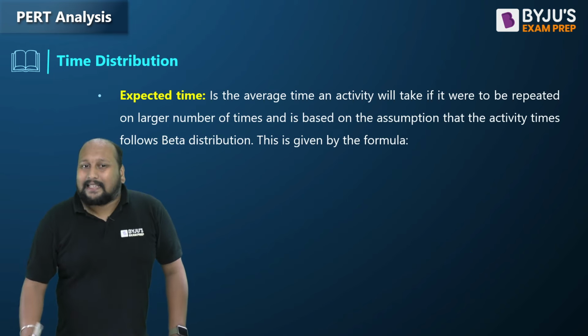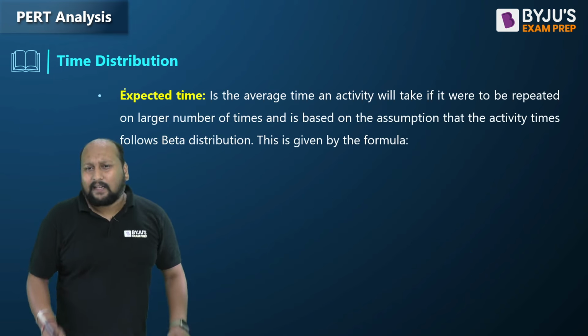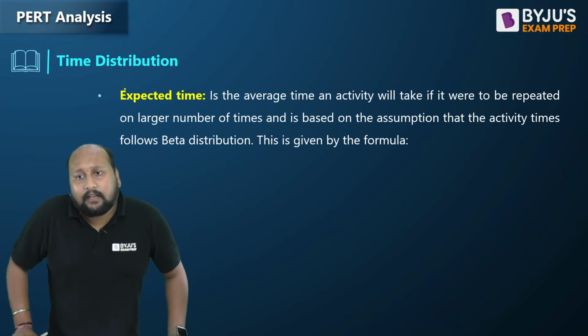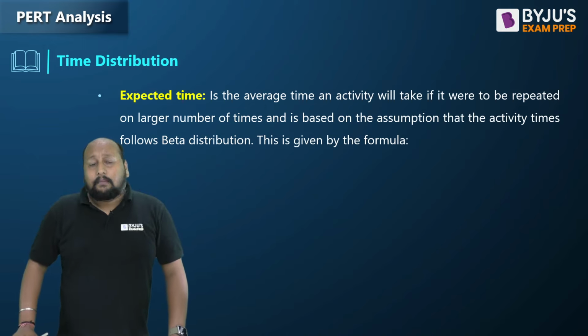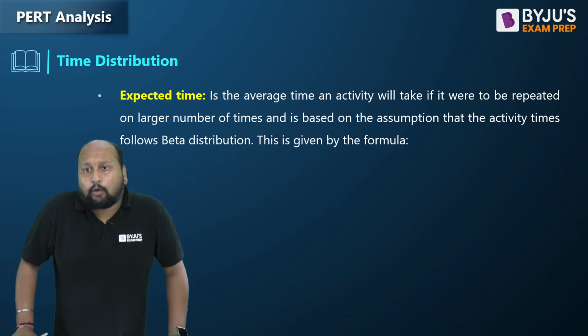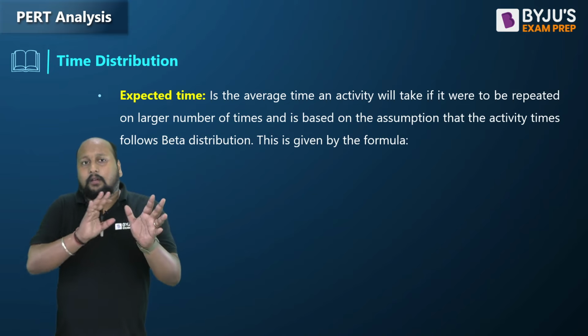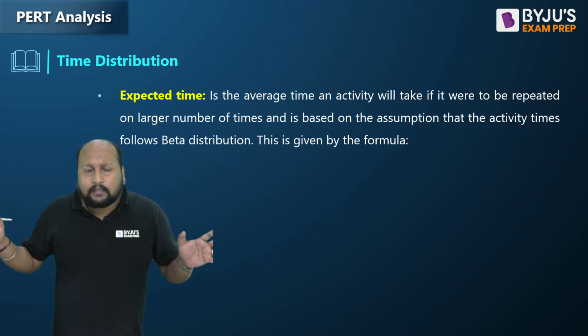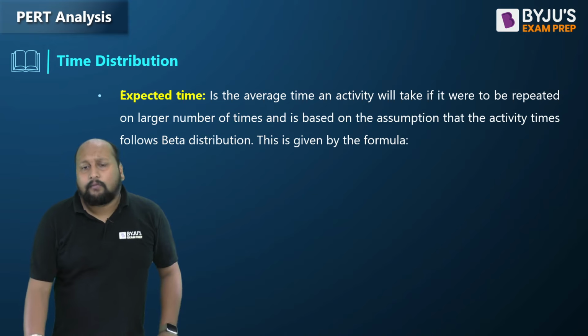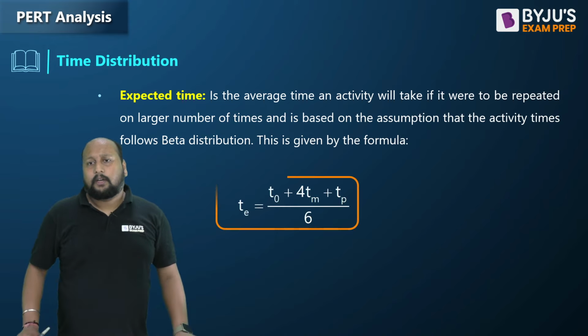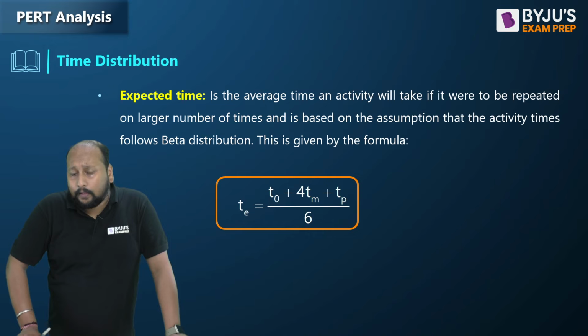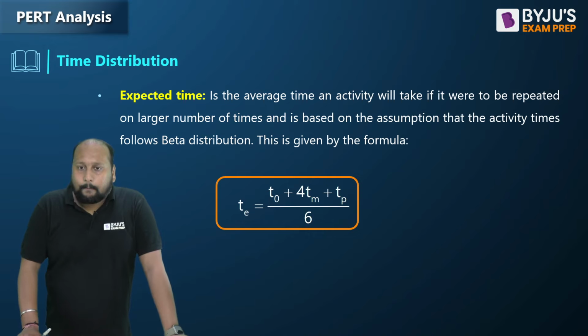So this TE, which we call the expected time, is the average time an activity will take to complete. And we calculate it using this simple formulation, that is TO plus 4 times TM plus TP divided by 6, right?